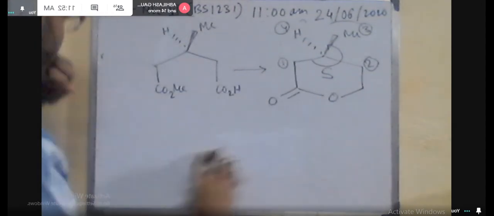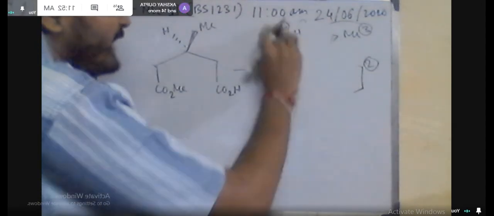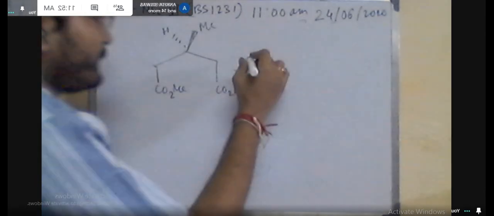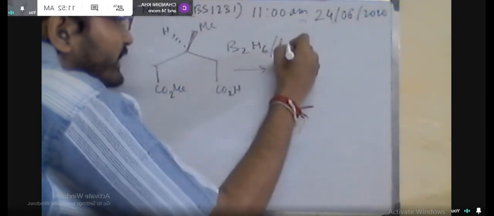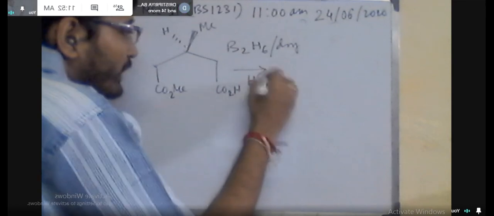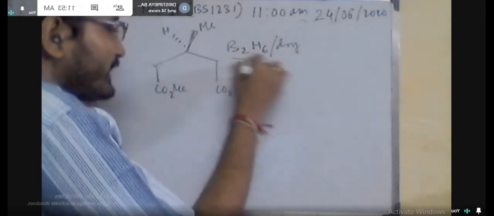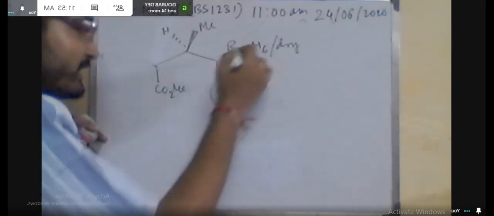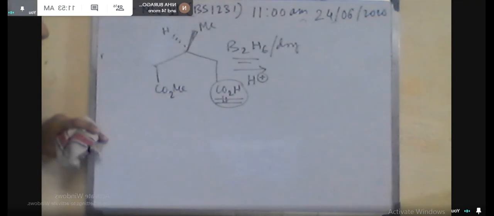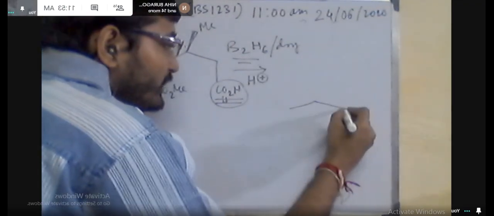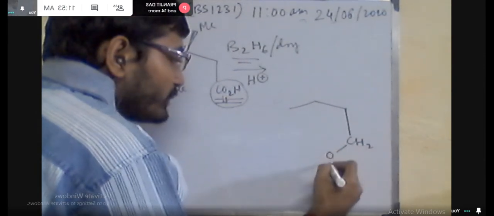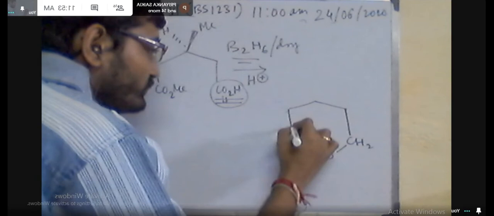As this is an acid catalyzed reaction, the proton will be removed from here. And finally this is the leaving group, and it is the negative charge, so it will revert back to the molecule. So the structure you will get is this, so this is the S isomer, by using B2H6 in ether, that means the reduction by boron.